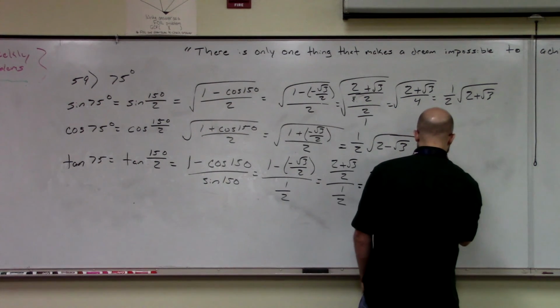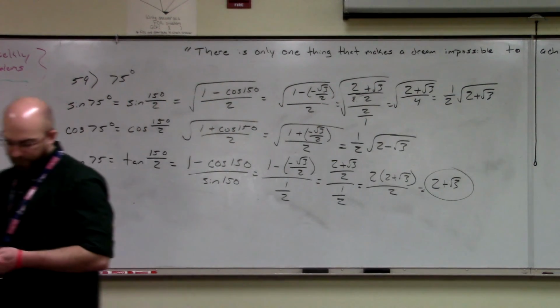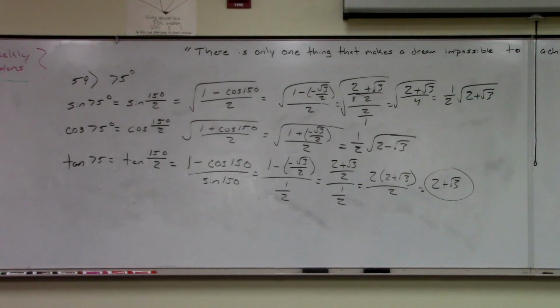The 2's can cancel on the outside, and we get that. We just solve it, which for the most part, you guys should be able to do. We got the same answer. So either way you want to work it, you get the same answer, whether you do the other formula or not.